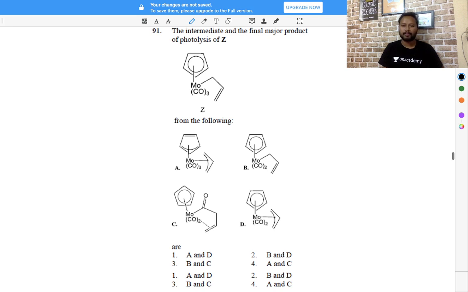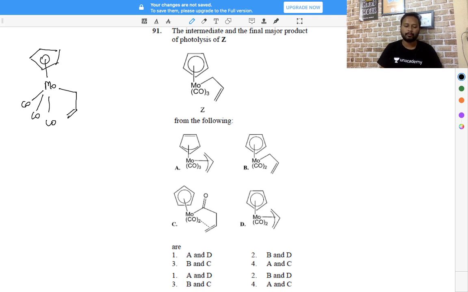So first of all, just look at this complex and see whether it's an 18 electron species or not. We have molybdenum, we have 3 CO attached to this, and we have one ligand. This one is the ligand. Let's count whether it is an 18 electron species or not. Molybdenum will give you how many electrons?